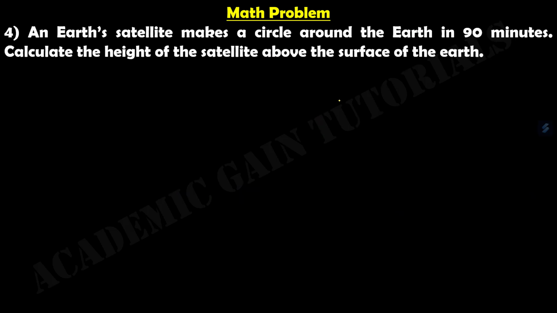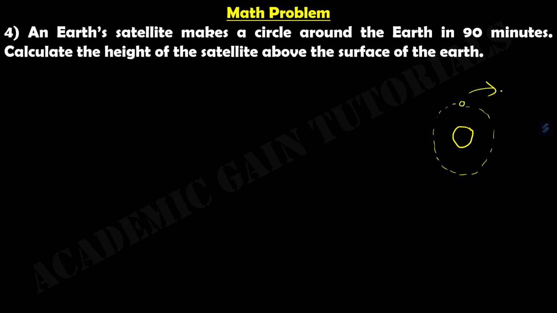Now coming to our fourth problem, it says that an Earth satellite makes a circle around the Earth. So this is our Earth, and this is, suppose, a satellite, and it makes a circle around the Earth in 90 minutes.